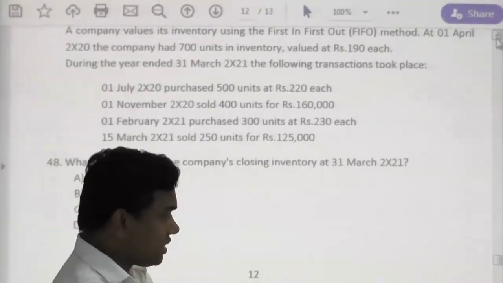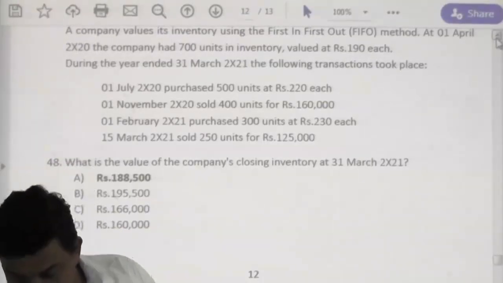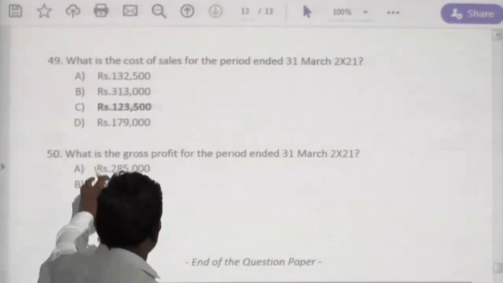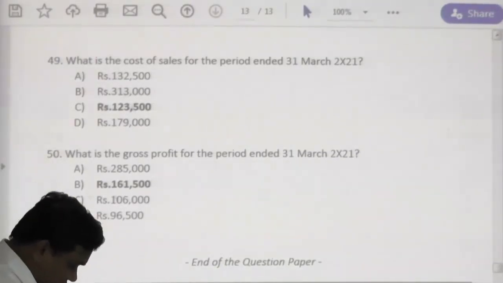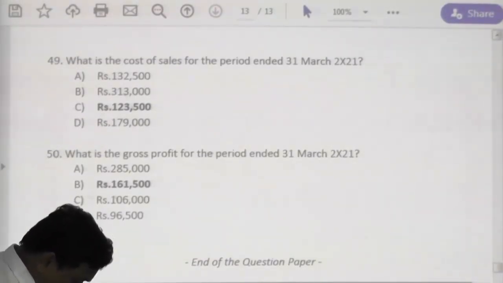285,000 minus the cost of sale we calculated. We already calculated cost of sale in question number 49. Cost of sale 123,500. We will reduce that cost of sale from total sales.